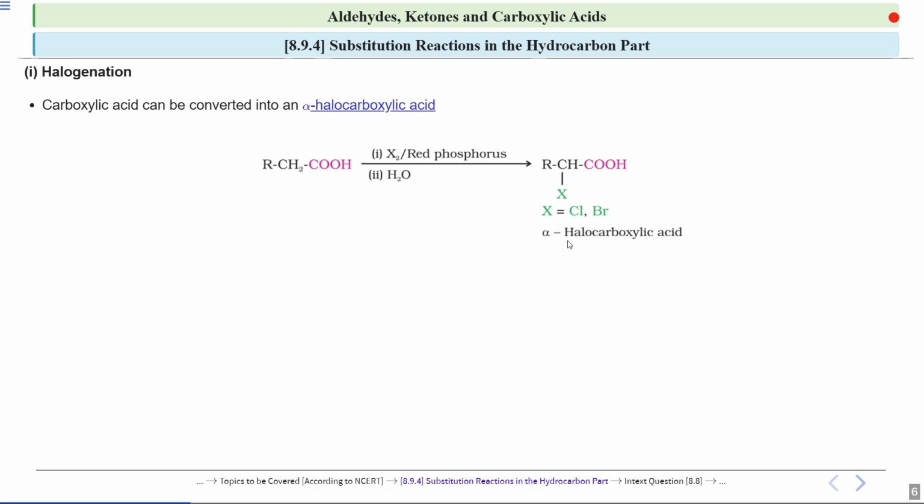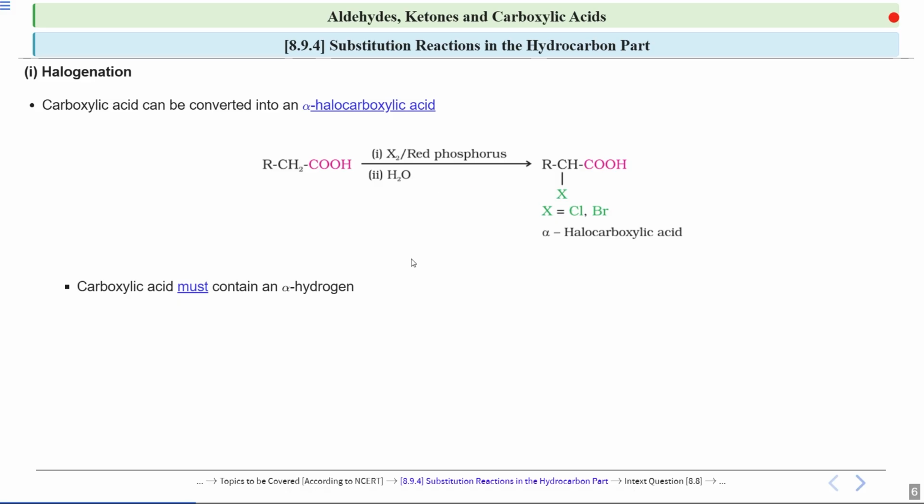So this is an alpha halocarboxylic acid. When you react carboxylic acids in the presence of red phosphorus and a halogen, you get an alpha halocarboxylic acid. That is, the halogen gets substituted at the alpha position.